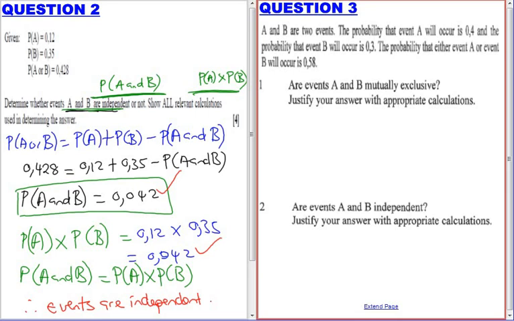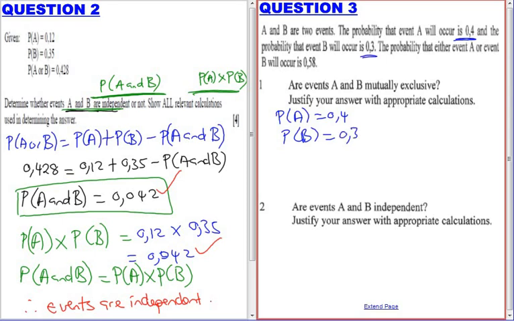Well done if you tried it. So here we have A and B, which are two events. The probability of the event A, that event A will occur is 0.4, and the probability of B is given to be 0.3 over there. And what do we need?